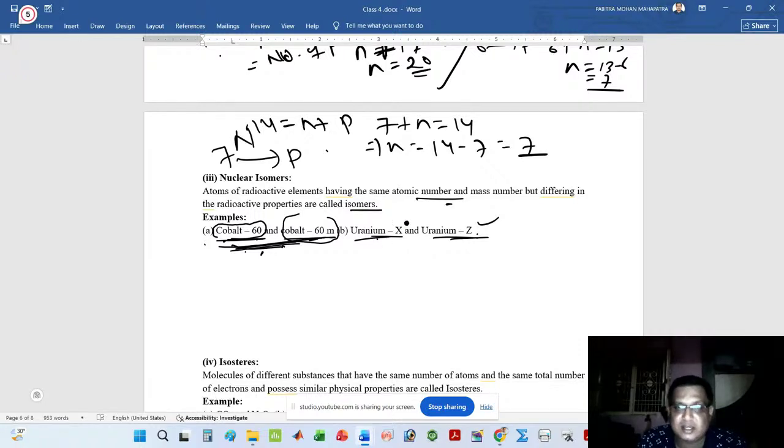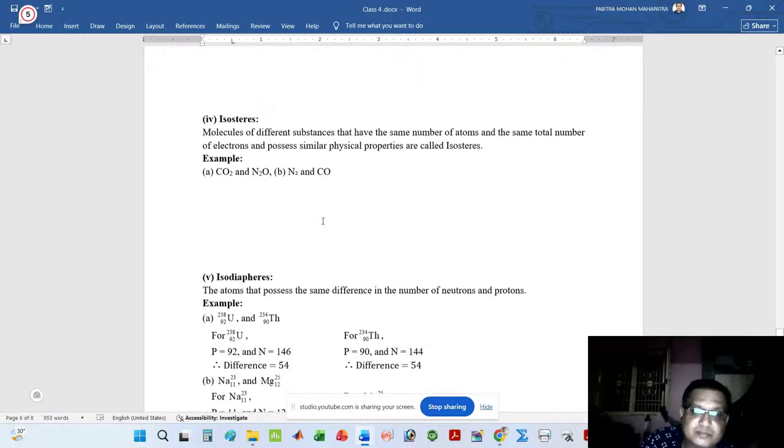Uranium X does not have the same radioactive property as uranium Z. They are different in their radioactive property. So these species, uranium X and uranium Z, are called nuclear isomers.